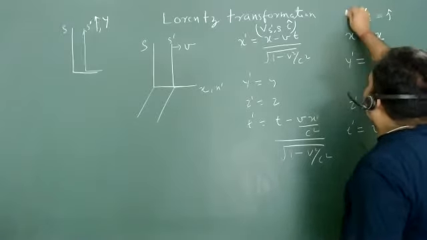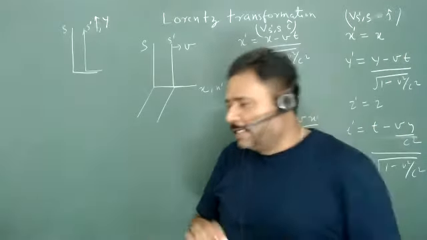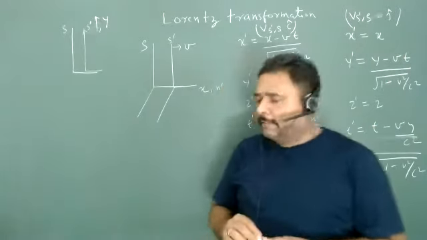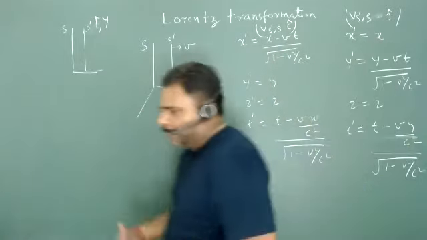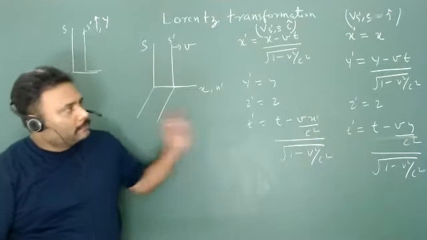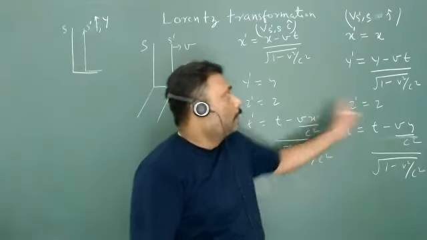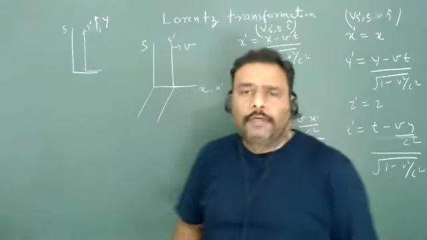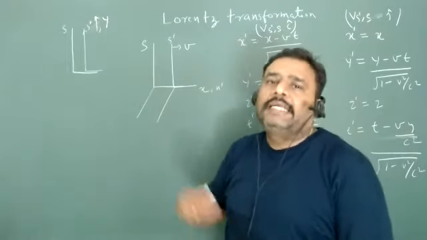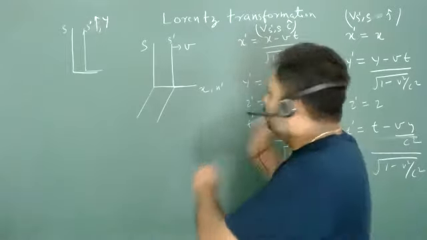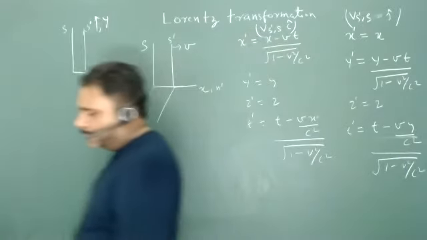You have to always keep in mind which formula you have to use. Similarly, we can write for Z dash when S dash is moving in Z direction. So this kind of situation can always be there.